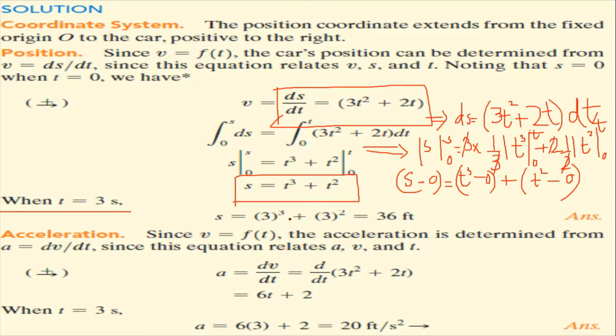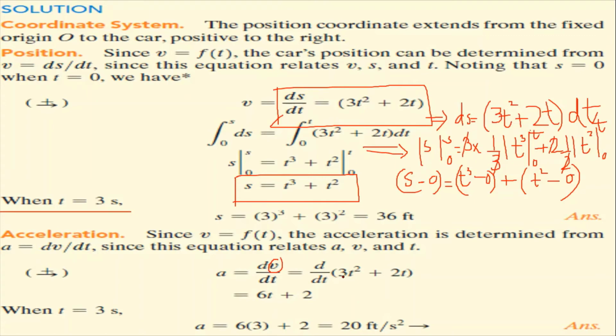And for acceleration, we have the equation of velocity. So acceleration is equal to dv over dt. We will put the equation instead of v, the one given in the question, 3t square plus 2t. So we will differentiate over here.